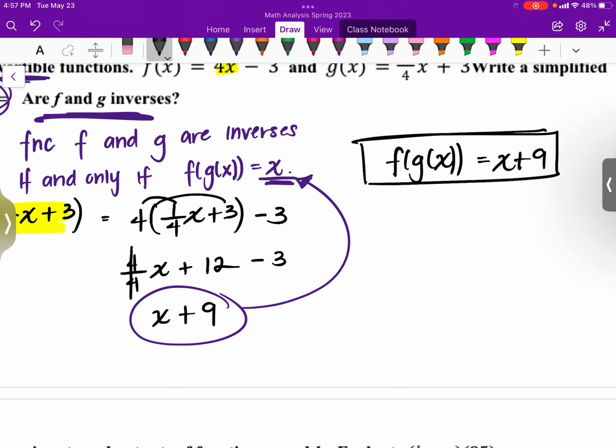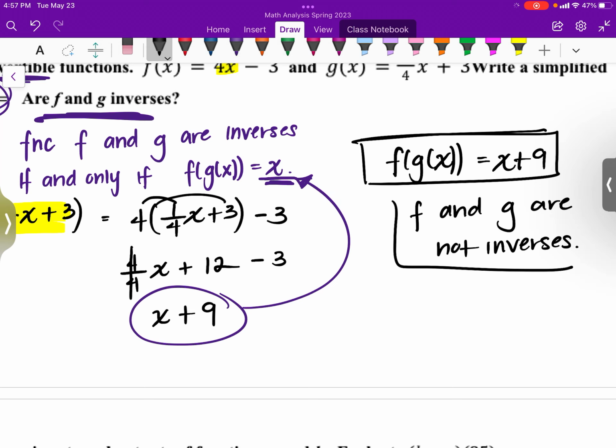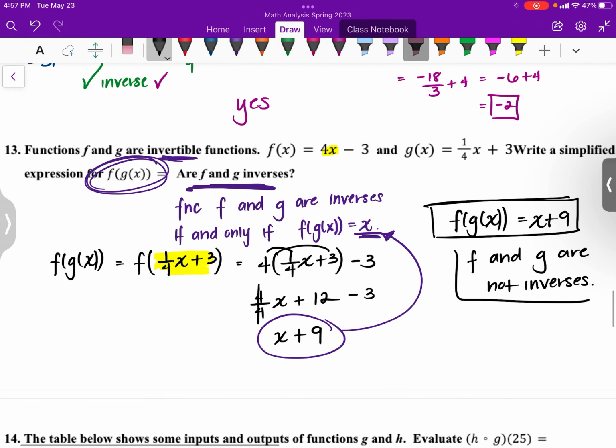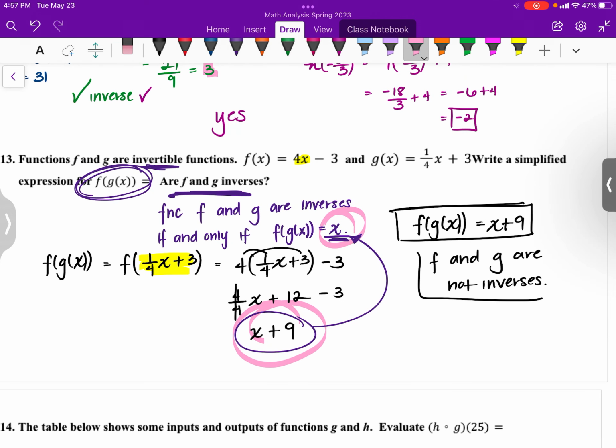Second thing they're asking in this case, if they're inverses, f and g are not inverses. So they're not. Okay, so those are actually our two solutions there. Our answer should have been x, but it wasn't. It was x plus 9. So we're done with that part.